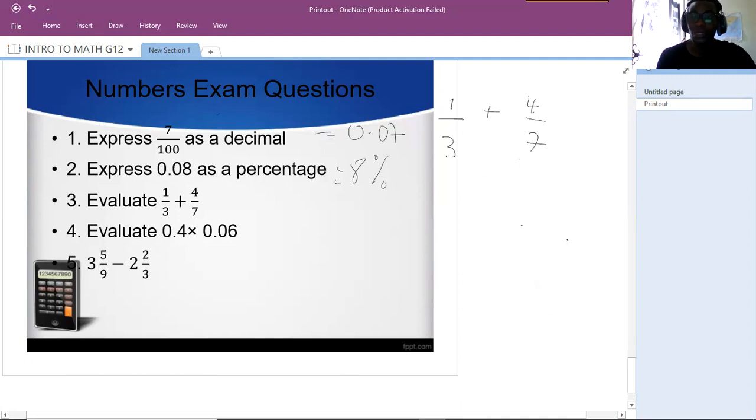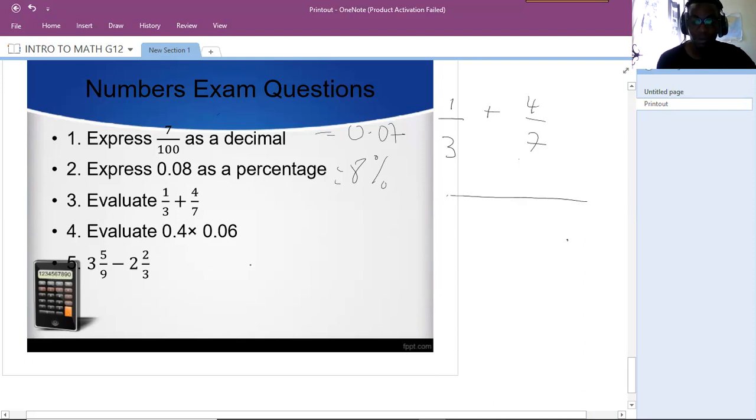We have to look for something known as the lowest common denominator. For me, I do not like calling it the lowest common denominator because it doesn't make sense. It is the lowest common denominator, but for me, I like to call it the lowest common multiple because it works like this.